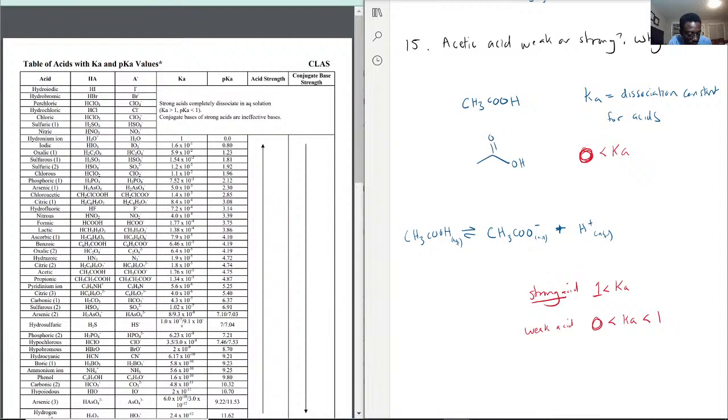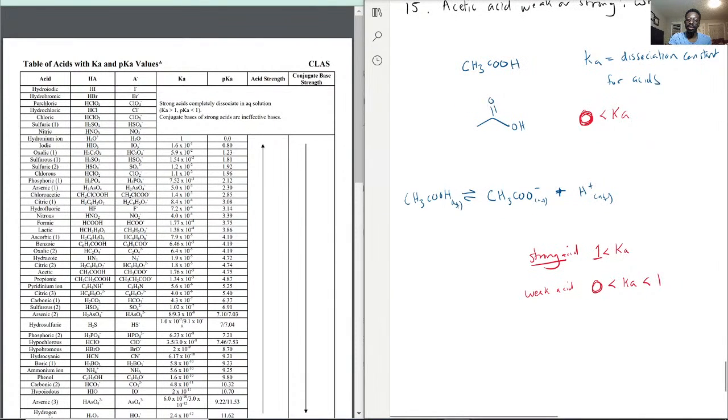CH3COOH, acetic acid. There we go. Acetic acid, 1.76 times 10 to the negative 5. Right away, you notice that it's definitely less than 1, but it's obviously greater than 0.